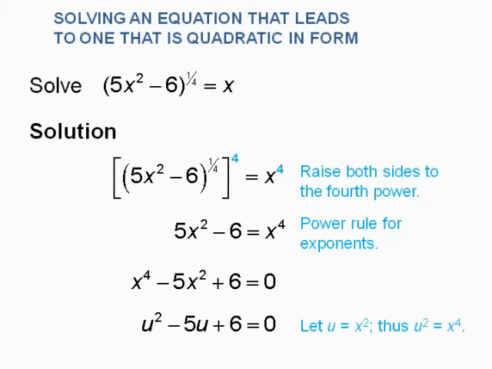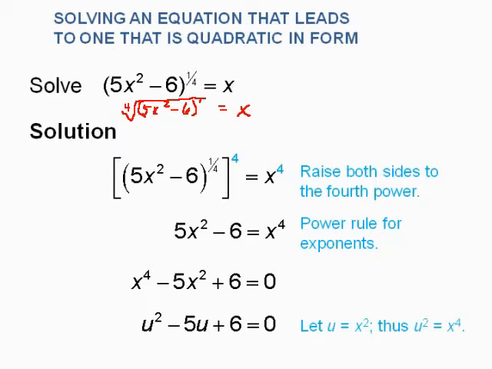All right, now notice on this one here, we've got 5x squared minus 6 to the 1/4 power equals x here. And again, this 1/4 power, if you remember, is really the 4th root of 5x squared minus 6, using the exponent-over-root method, to the first power equals x.